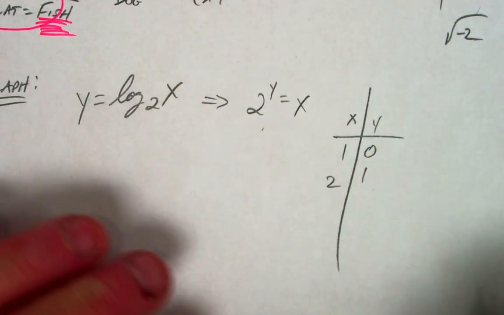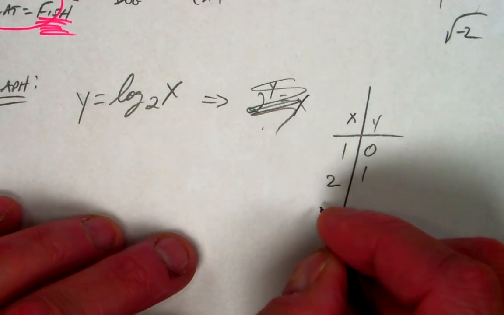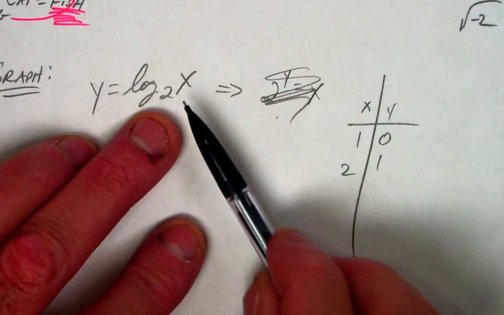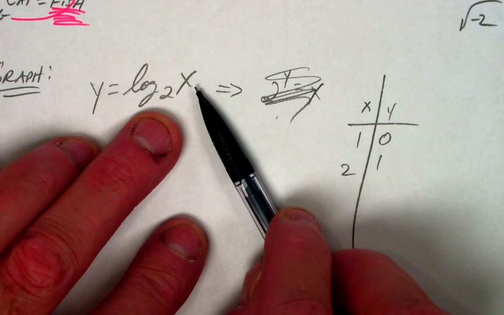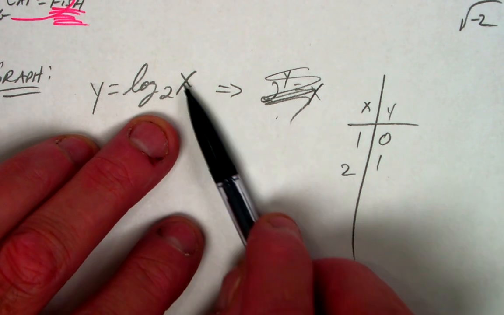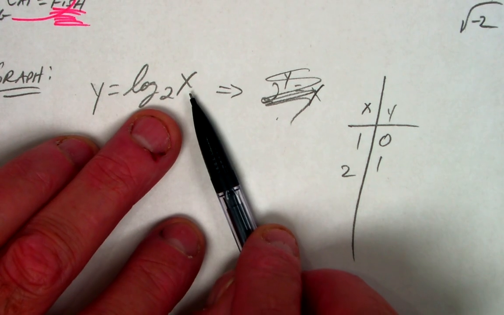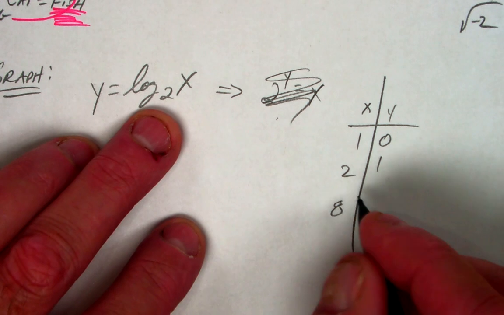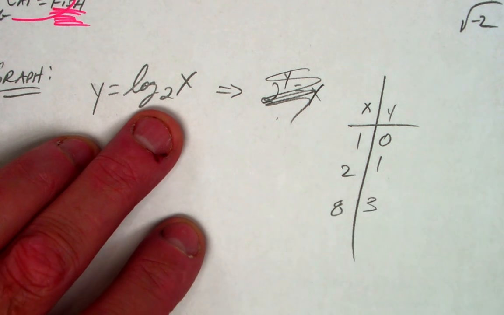Now let's go the other way. Let's pretend we didn't see this. If I had the log base 2, give me an x that I know the log base 2 of. 2. It's 1. Okay? Give me another x I know the log base 2 of. 8. So what is 8? 3.